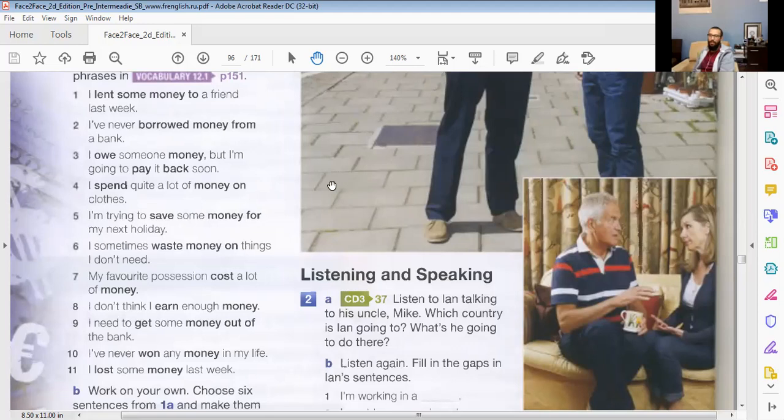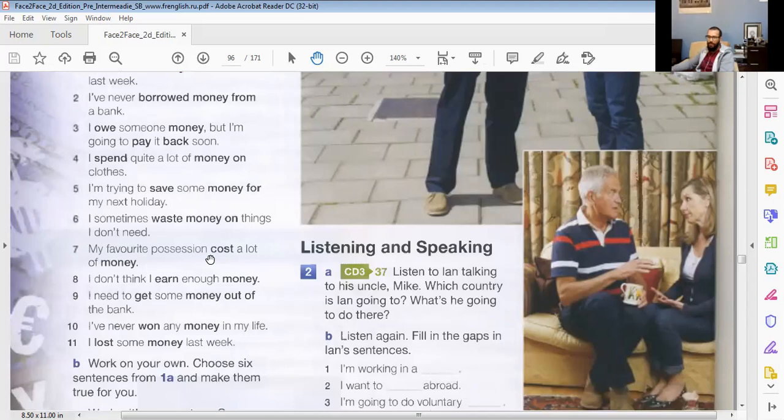Okay, so what should you use to talk about something in your life? I never. Okay, that's correct. But there's another. I haven't. That's it. I haven't lost. Correct. I haven't lost money before, for example, or I have never lost money in my life. Correct. That's right. Okay, so these are nice, simple examples.